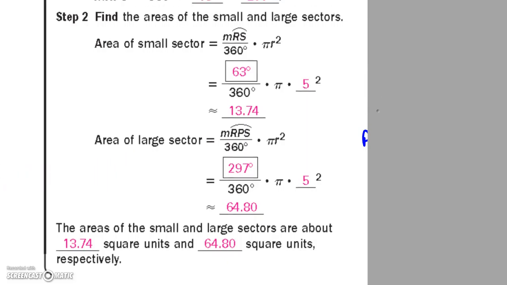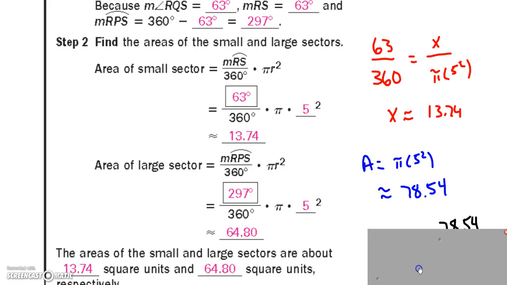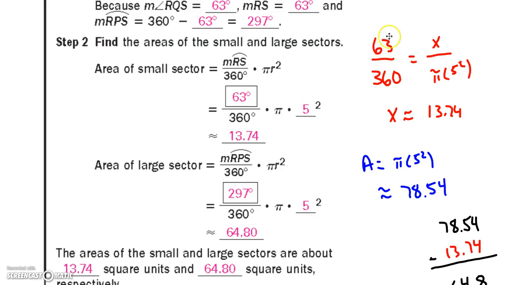Now I've got hidden behind here a slightly different way using part over whole and then subtracting. So, like I mentioned earlier, subtracting. So part over whole, the part we're looking for is the small sector, the part of the 360 that makes up the area of the sector, 63 degrees over the whole angle measurement of a circle is equal to the part of the area over the entire area.